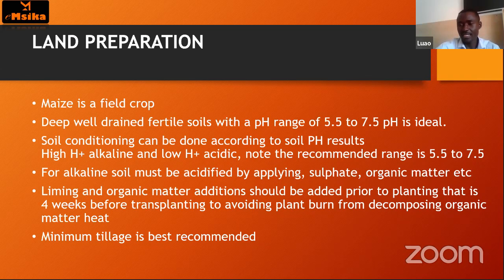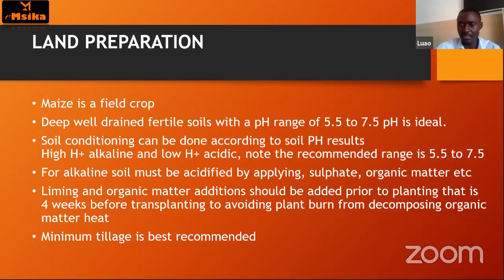The next point is adding organic matter to the soil. Organic matter will have microbial activity due to decomposition. When these are decomposing, they release carbonic acid, which forms when it reacts with water.